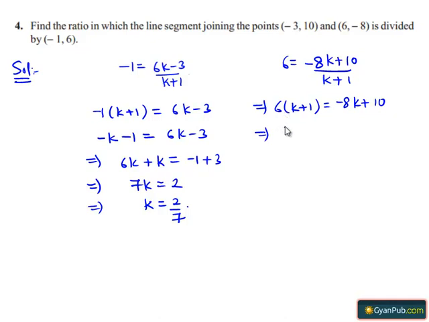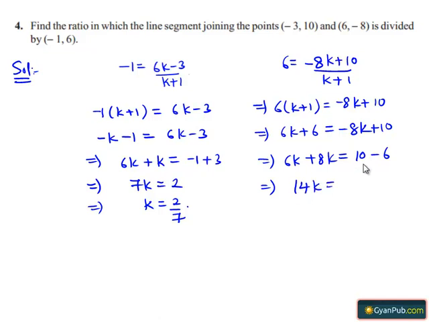Expanding, we get 6k + 6 = -8k + 10. This implies 6k + 8k = 10 - 6, which implies 14k = 10 - 6 = 4. This implies k = 4/14.